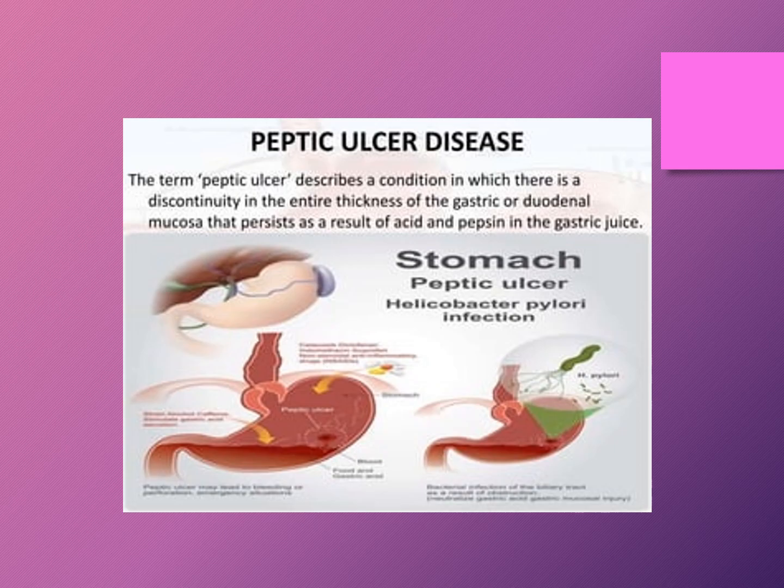The term peptic ulcer disease describes a condition in which there is discontinuity in the entire thickness of the gastric or duodenal mucosa. And so this mucosa, that's our stomach lining, and our stomach lining is pretty thick.